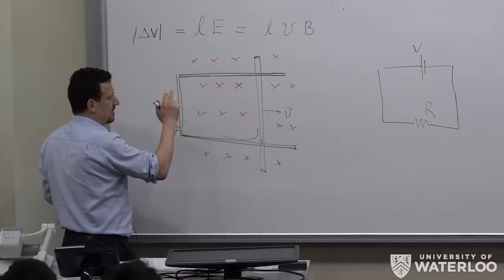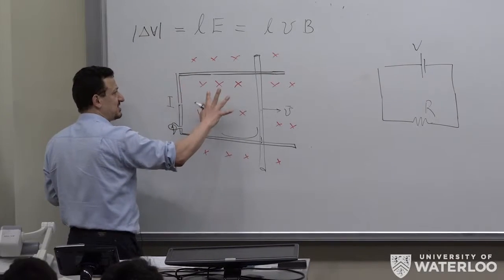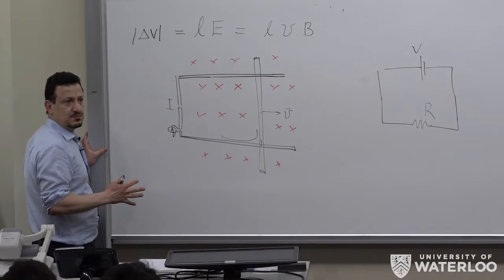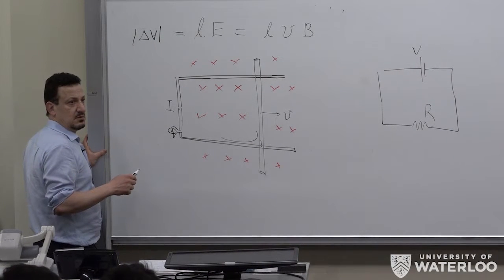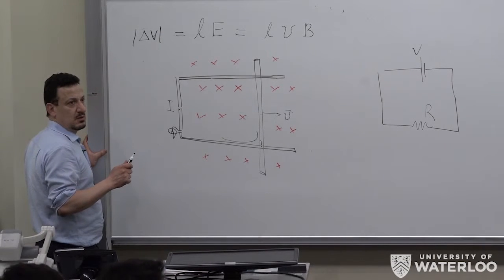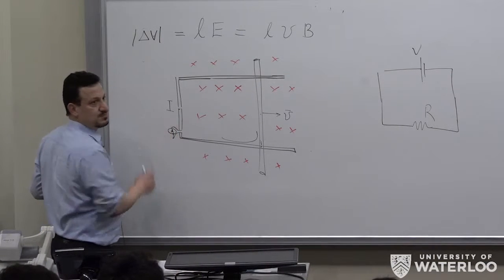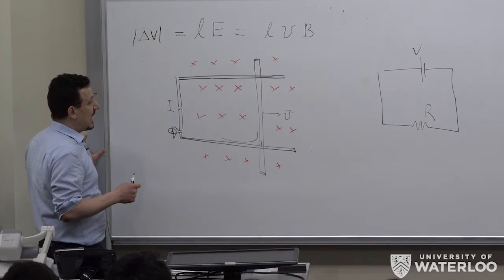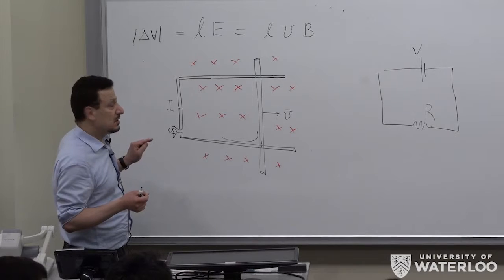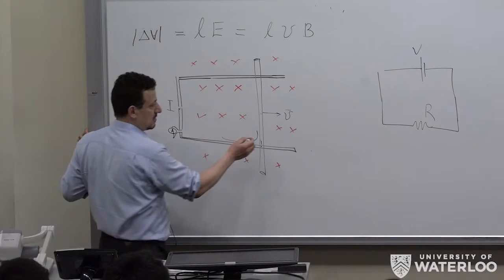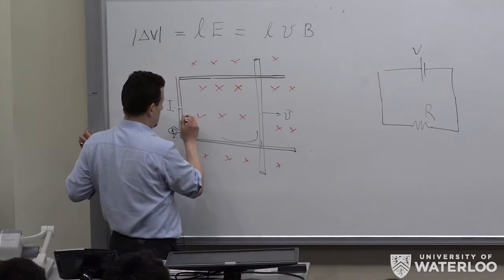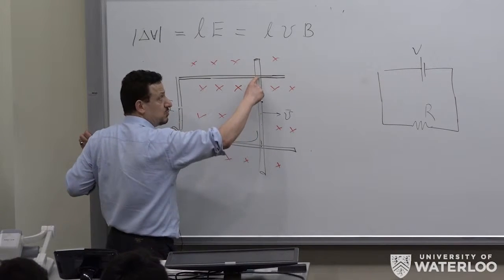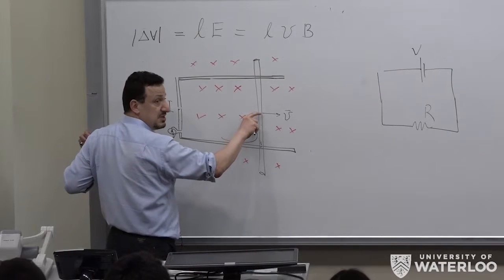All right. So you all agree that this circuit can be represented schematically like that. Right? How come the electrons in the wire on the left side will be forced downwards? Well, we start with this bar.